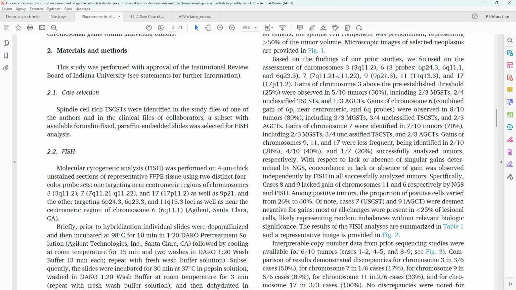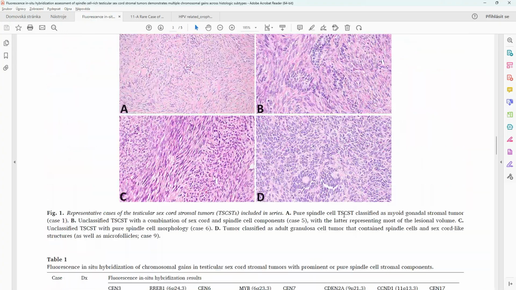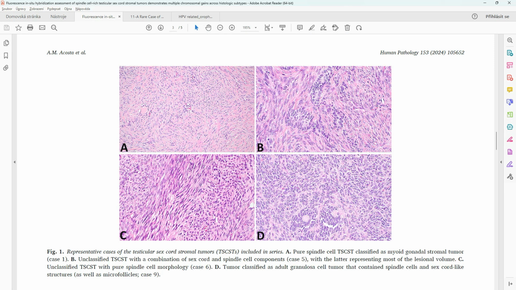And regarding morphology, these tumors can look like pure spindle cell tumors. This is an example of a myoid gonadal stromal tumor. This is also a stromal tumor with some mixture of sex cord elements.